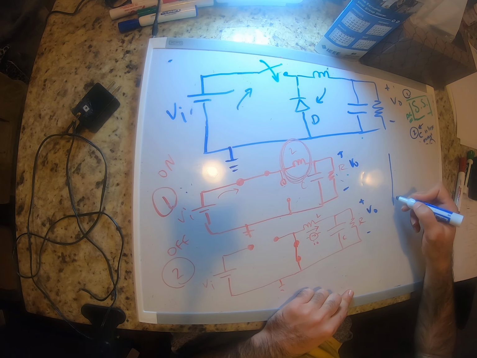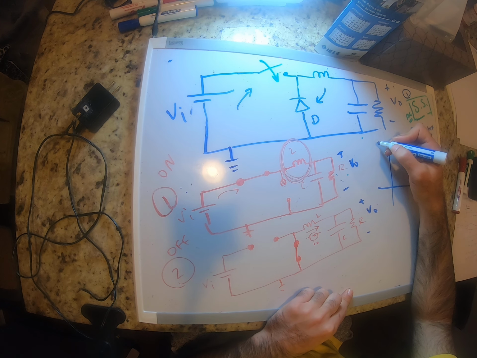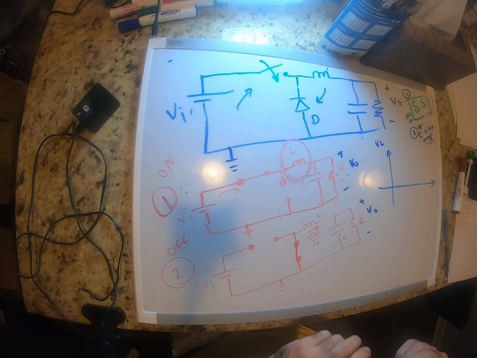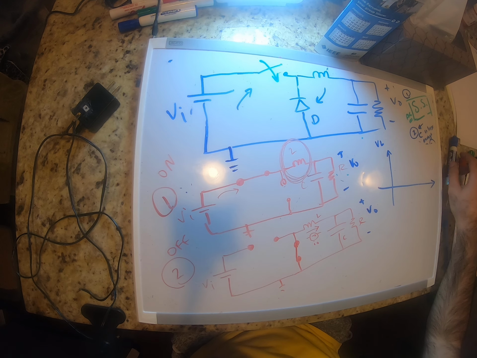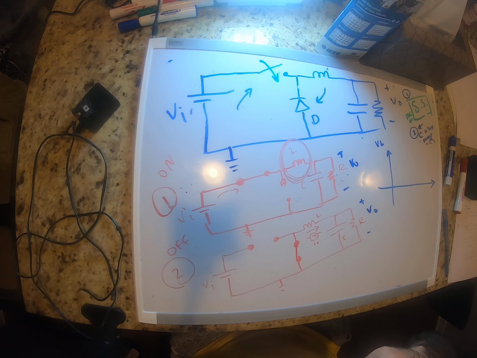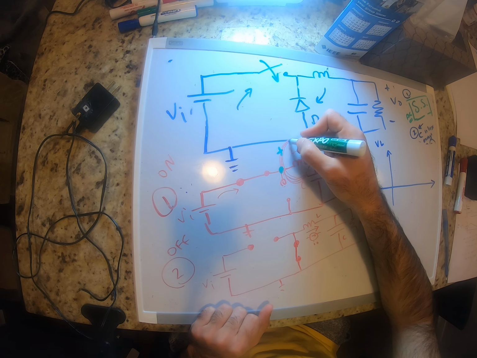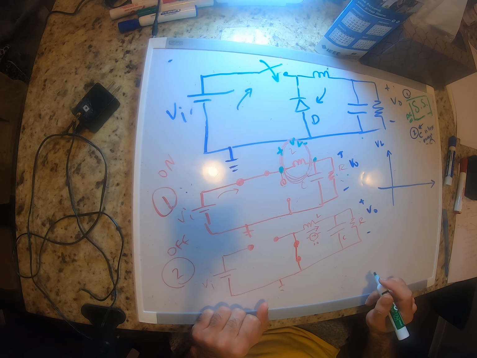Now let's look at what the inductor voltage looks like. The inductor voltage is basically the voltage across the inductor, so plus minus VL.